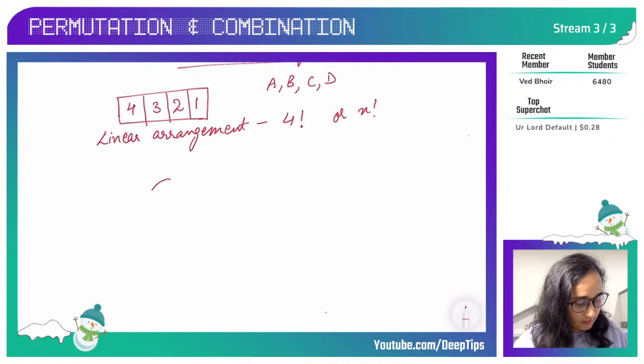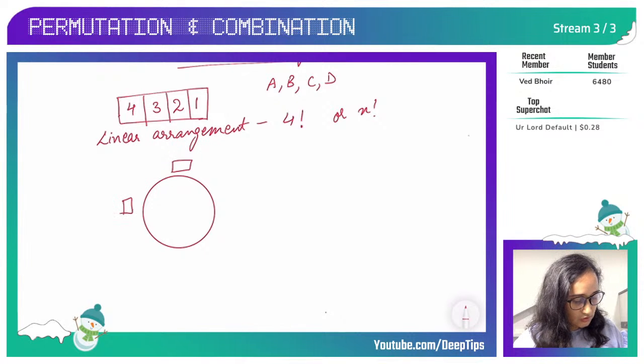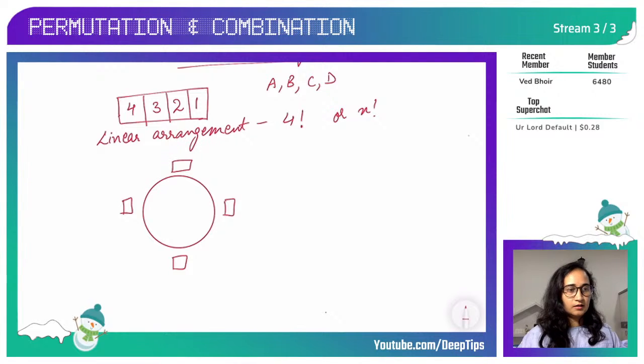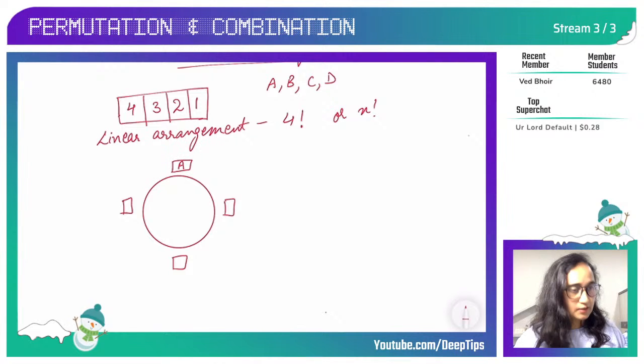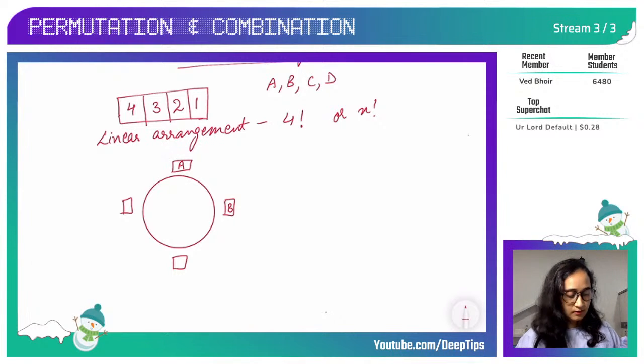But suppose now I have a round table. Okay, I have a round table with 4 chairs kept. Fine. Suppose A is sitting here, B came and joined A, then C joined in, and then D also came. So this is how they sat. Fine. Suppose I switched the places.